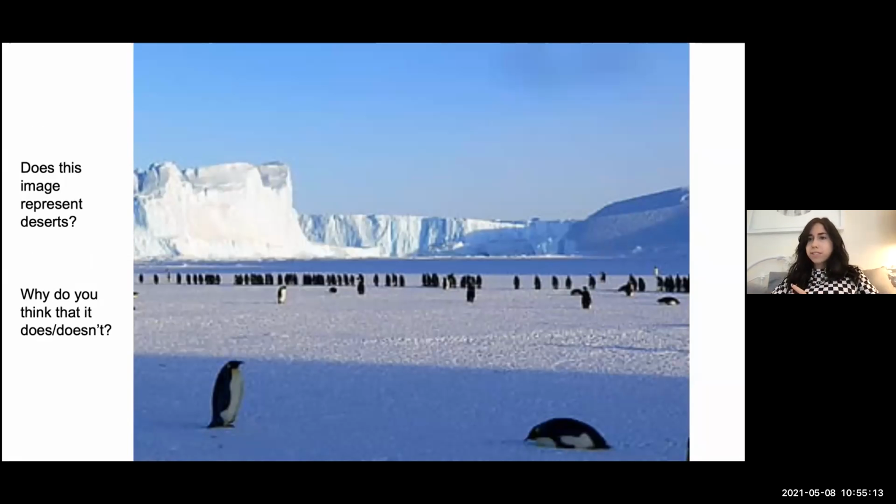I see penguins, which, obviously they haven't understood what really makes a desert yet. That's that misconception. And so a lot of kids said, well, yeah, this is a desert, or no, because it's cold.